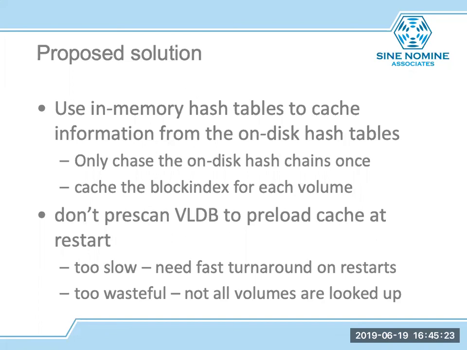You don't want to wait 10 or even 5 minutes for it to come back just to get these tables propagated. They're an optimization. It's really not necessary either, because maybe the majority of those volumes will never be looked up. They're just on hand in case somebody looks them up. A job that only runs every month or every year, the volume isn't referenced very often. Why populate the cache with that if we're not going to look it up?